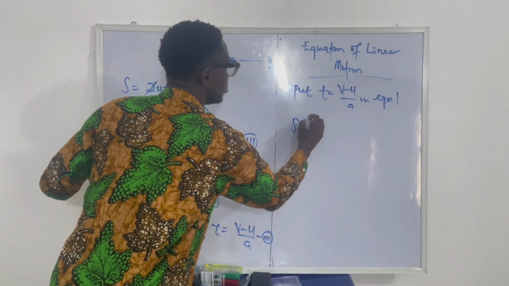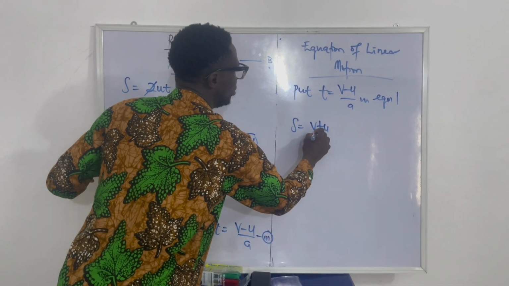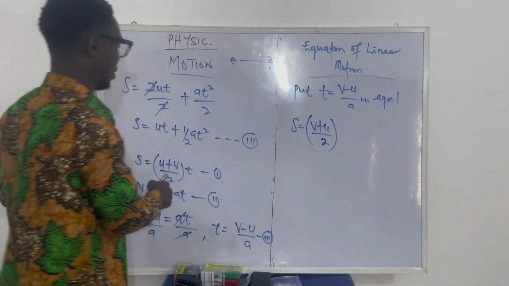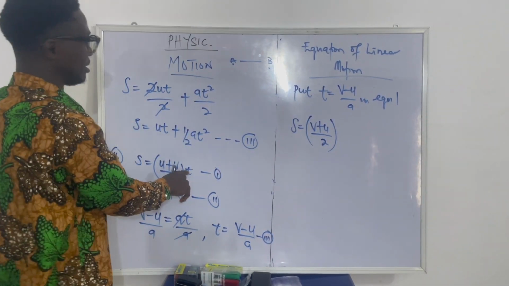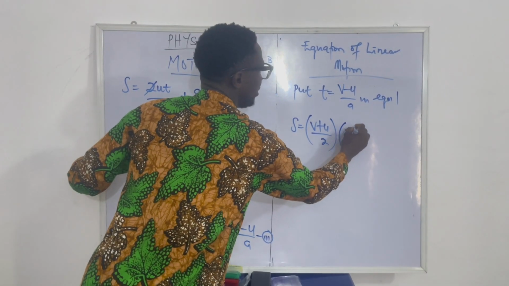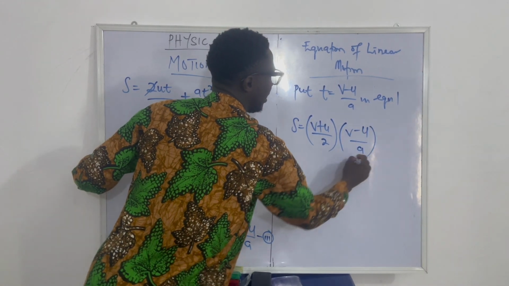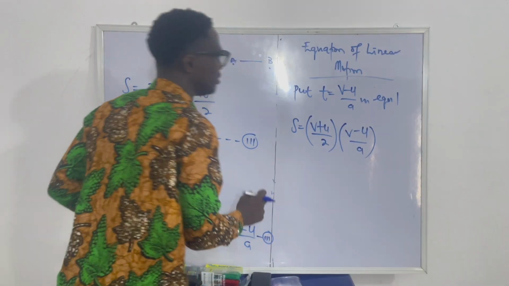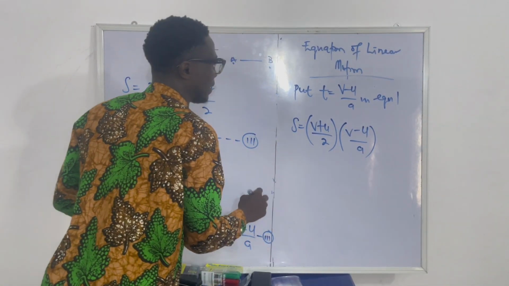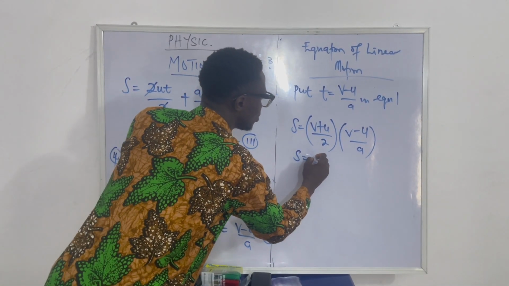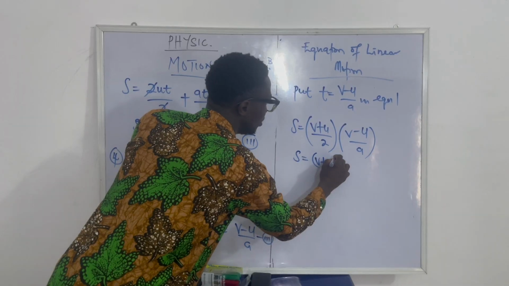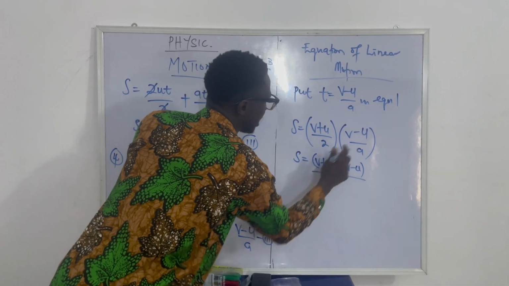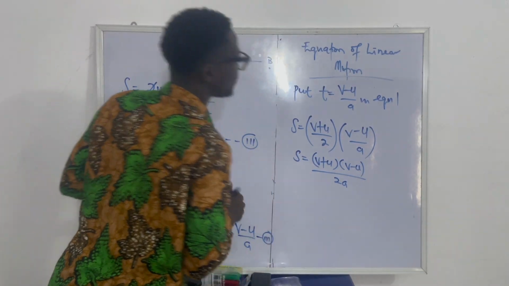S equals to v plus u over 2 multiplied by t, and t is v minus u over a. So that's what we'll do. Numerator multiply numerator and denominator multiply denominator. So v plus u, v minus u. So 2 times a, 2a.